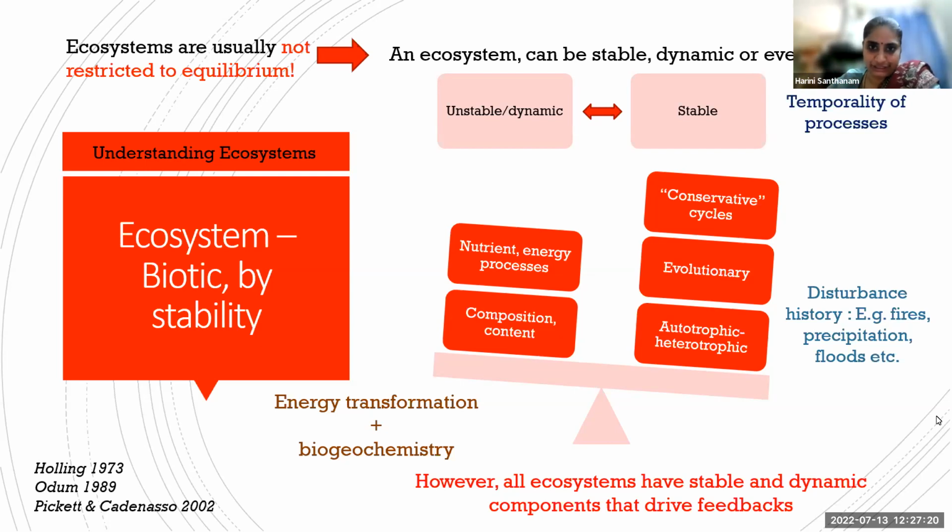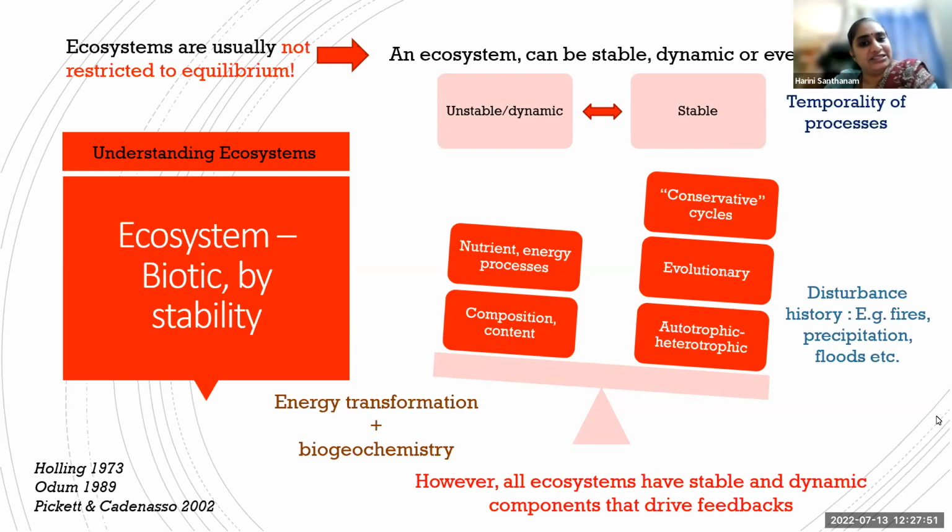Maybe its structure can be temporarily destroyed, but it can always come back because of the feedback loops that every ecosystem goes through. In that way, if we see the temporality of these processes, that is the fires, the precipitation, the floods, etc., as well as how the ecosystems go back to their stable states, this is a natural process by itself. This contributes to what is known as resilience of an ecosystem.